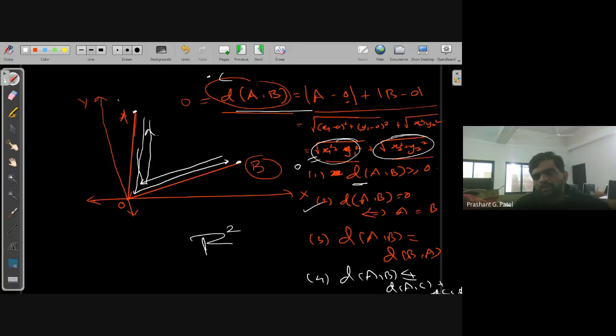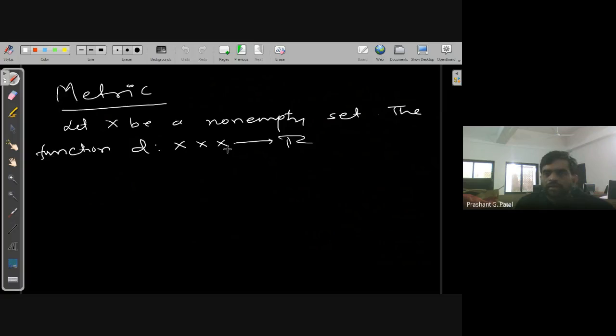I am saying it is a distance from point A to B, and this point A and this point B are from whatever set you have taken. It is a function from X cross X to R. So this is X and this is a cross sign. It satisfies the following conditions.